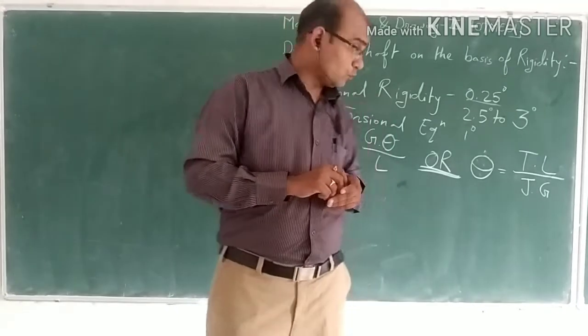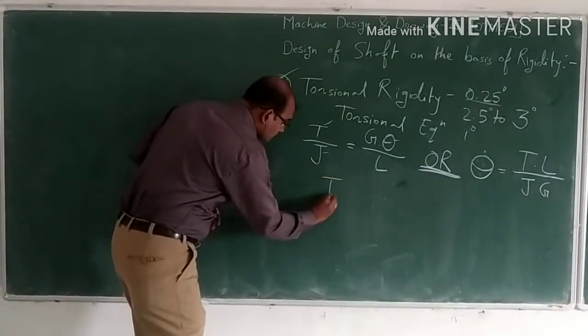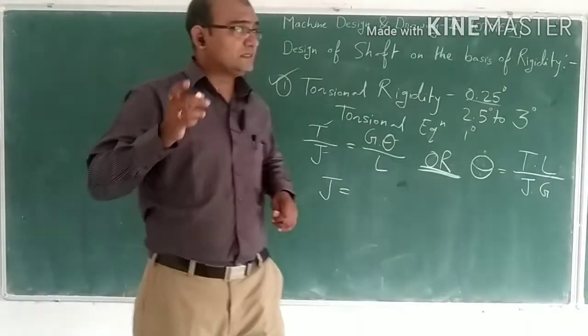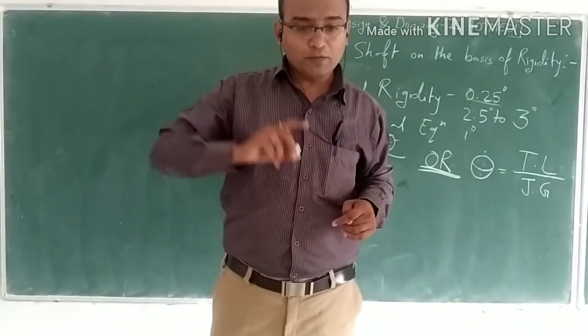So what is J? J is the polar moment of inertia.